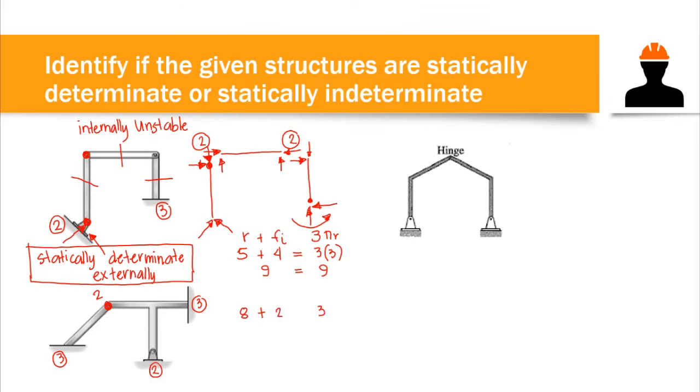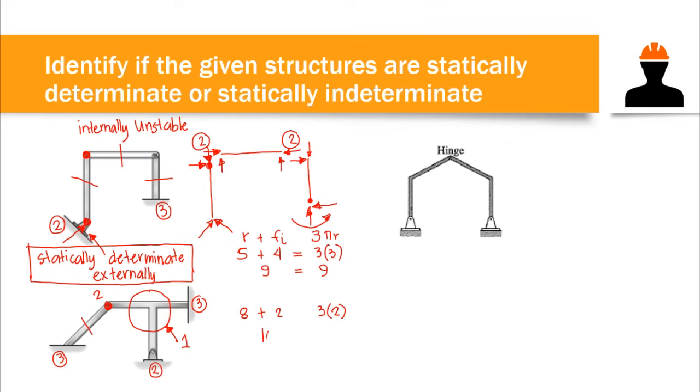Then we have 3 times the number of rigid members. We can count these 3 members here as a whole, since we do not have an internal hinge within this member. So overall we have 2 rigid members. Again, we can count these 3 members as one whole rigid member.